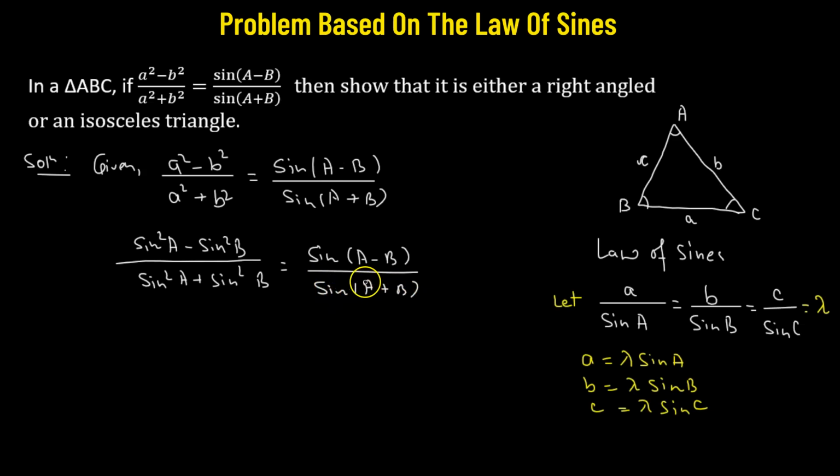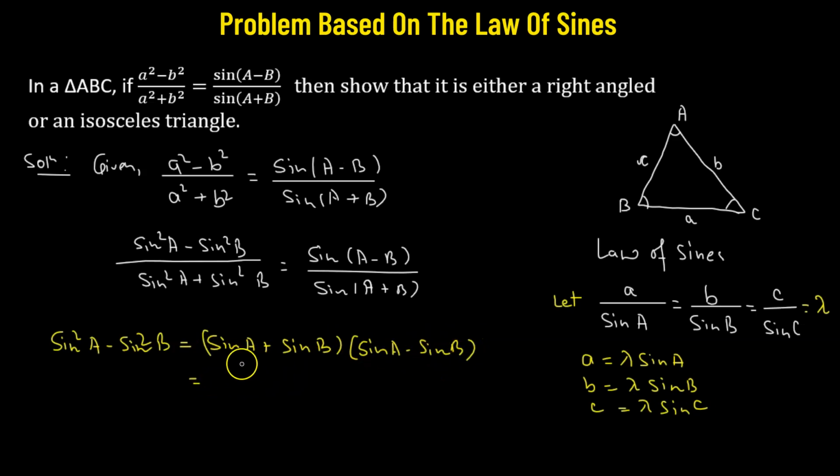Now, our task will be to first find the value of sine squared A minus sine squared B. So let's do that. We know that sine squared A minus sine squared B can be expanded to get (sine A plus sine B) multiplied by (sine A minus sine B).